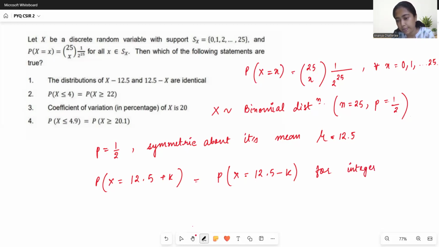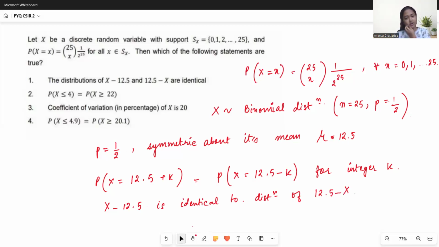for integer k. Hence the distribution of X minus 12.5 is identical to the distribution of 12.5 minus X. So here the first statement is true.